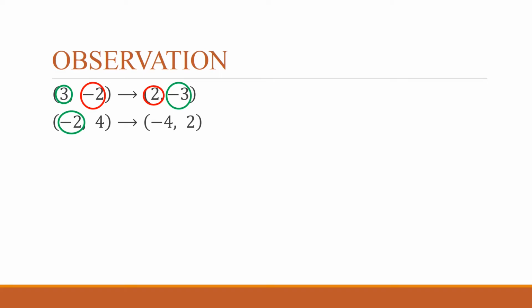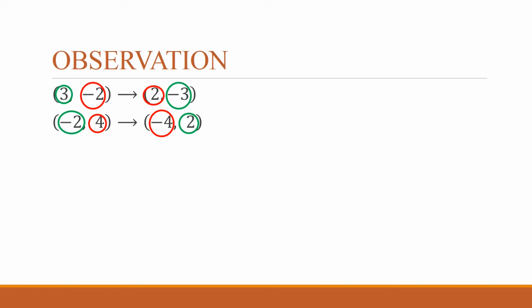Now in the second object point, its x coordinate was a negative value, and after reflecting, it became a positive y coordinate in the image. And also the y coordinate of the object was a positive value, and after reflecting, it became the x coordinate of the image, but this time around it was negative.